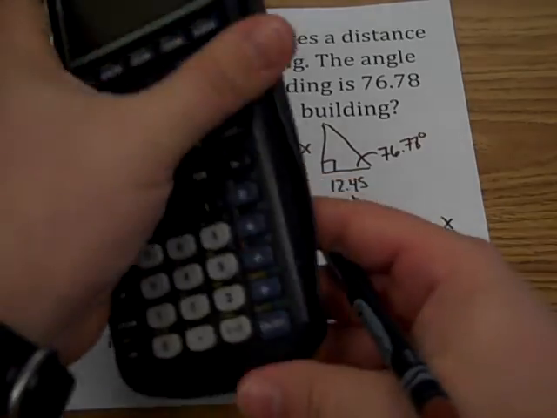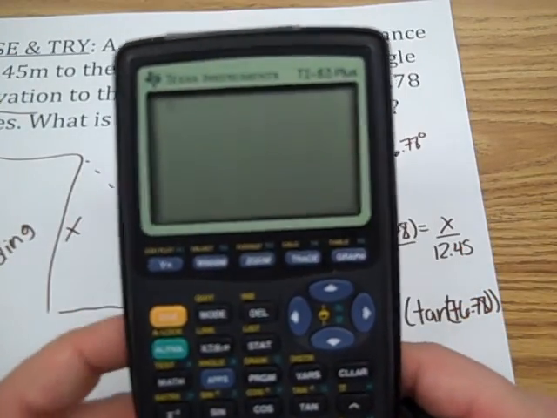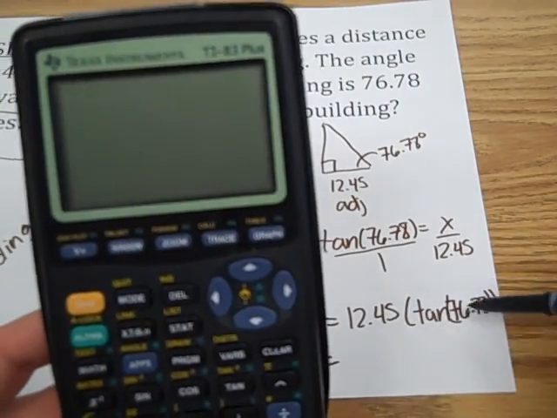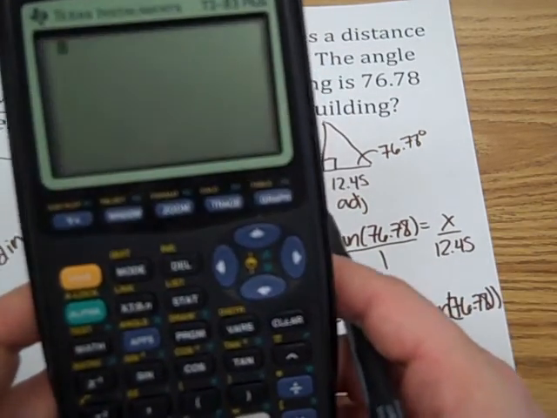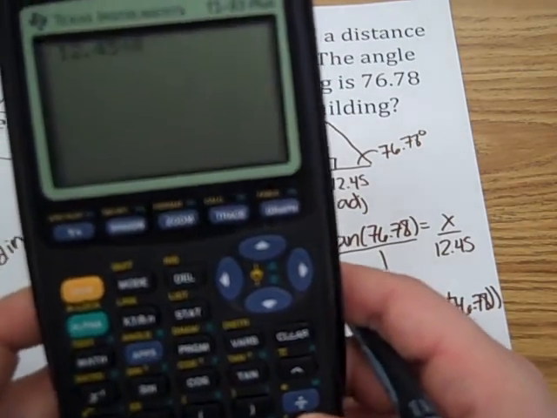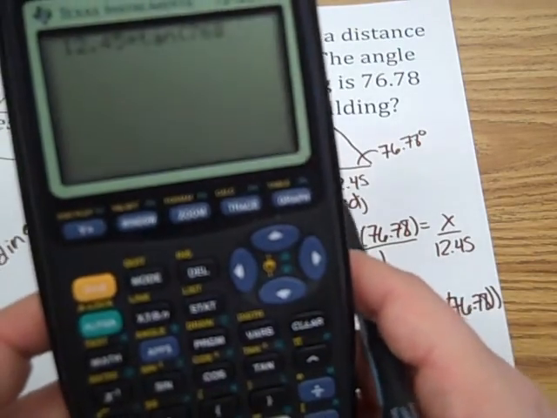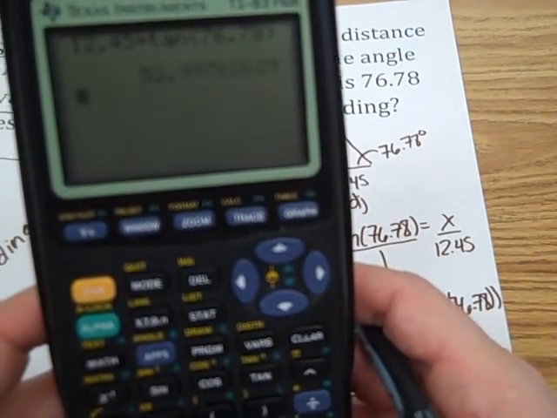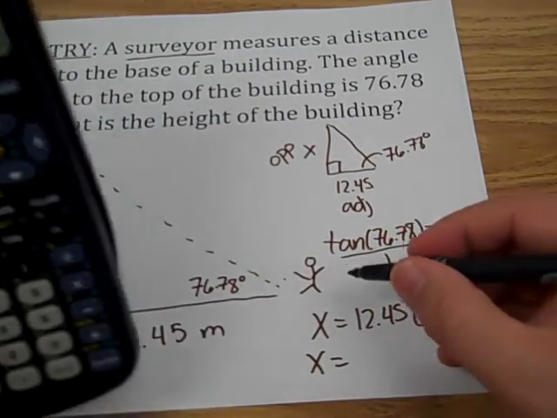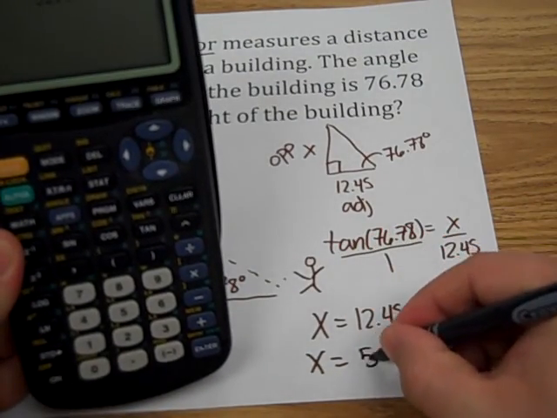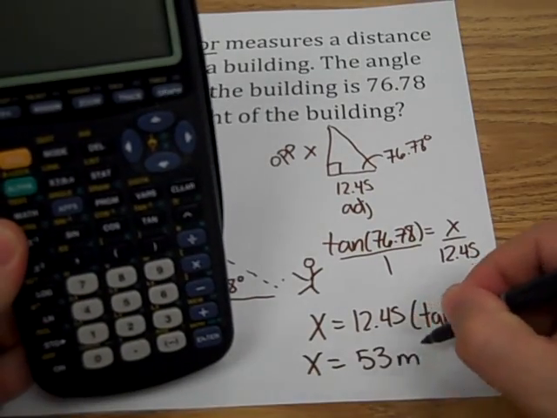Now I'm using my calculator, so if you don't have this at home, again, there's the app, or you can leave it here and finish it up quickly in class. I'm going to get that. This guy's looking at a building that is approximately 53 meters tall.